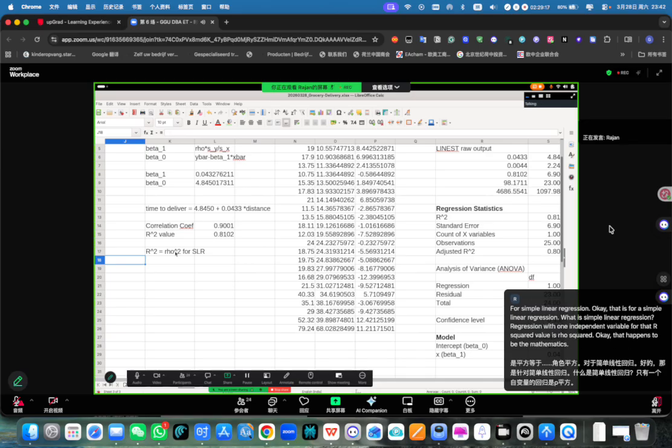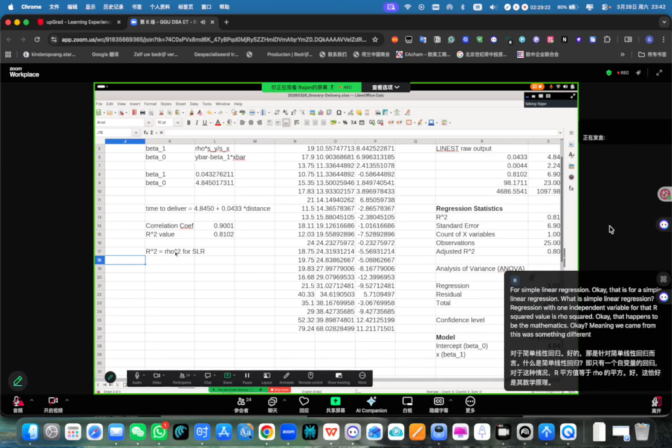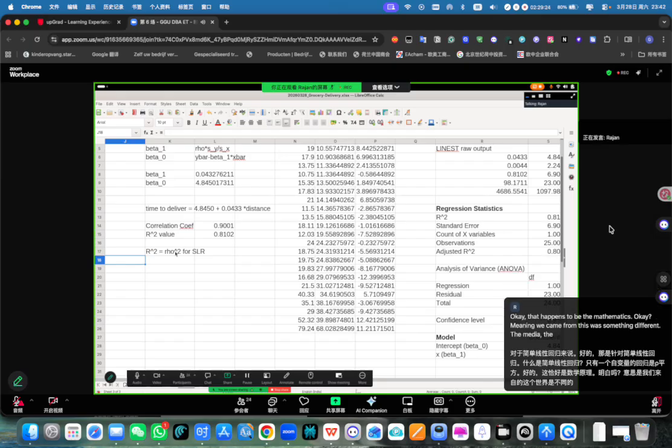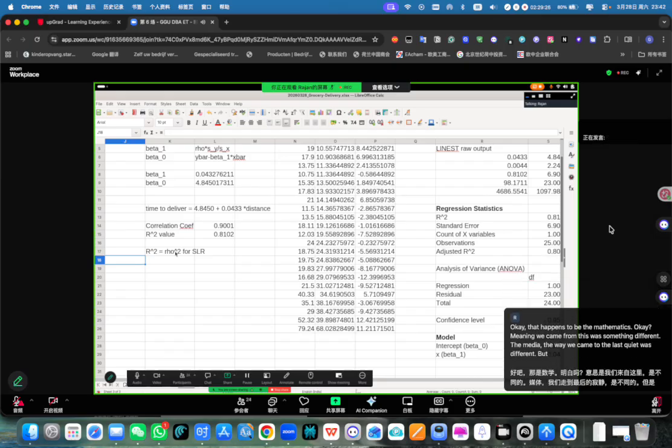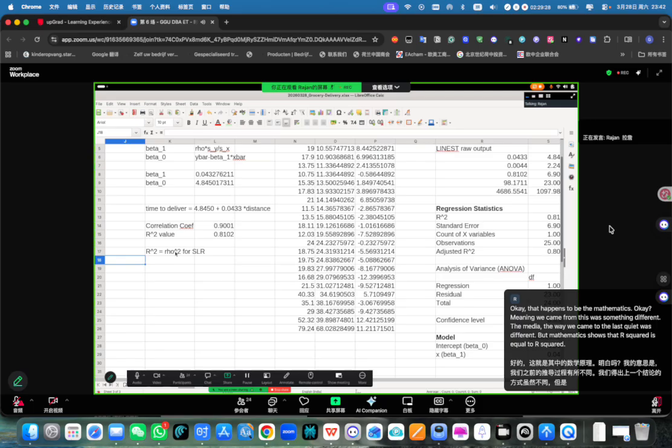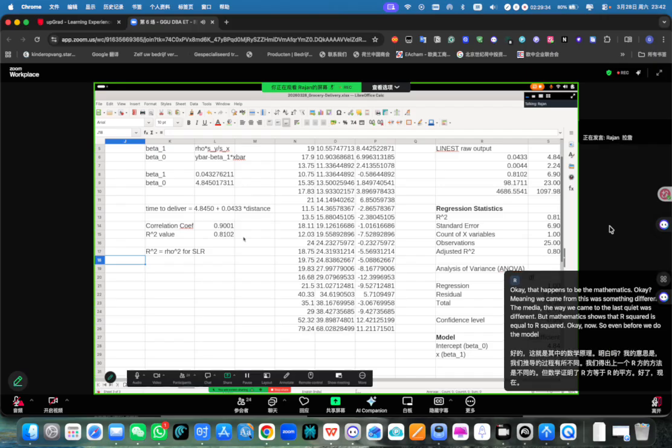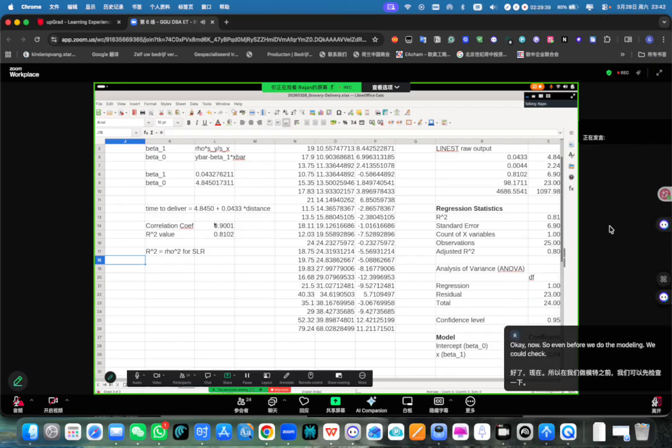The way we came to that R squared was different, but the mathematics shows that R squared is equal to rho squared. So even before we do the modeling, by squaring the correlation coefficient value, we would get the R squared value.